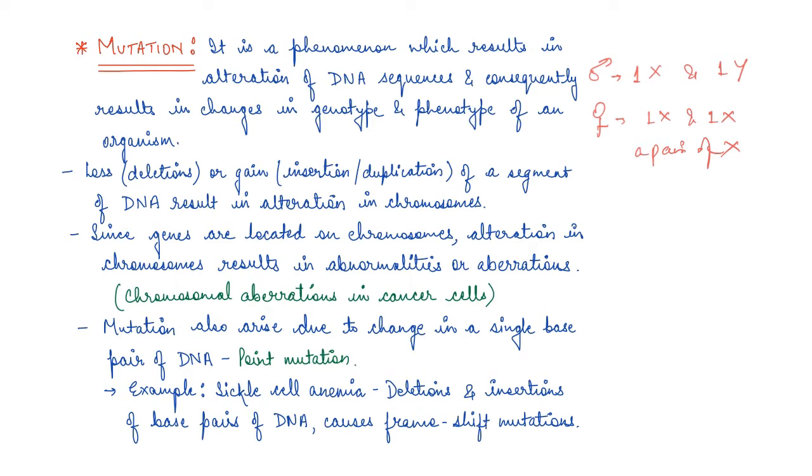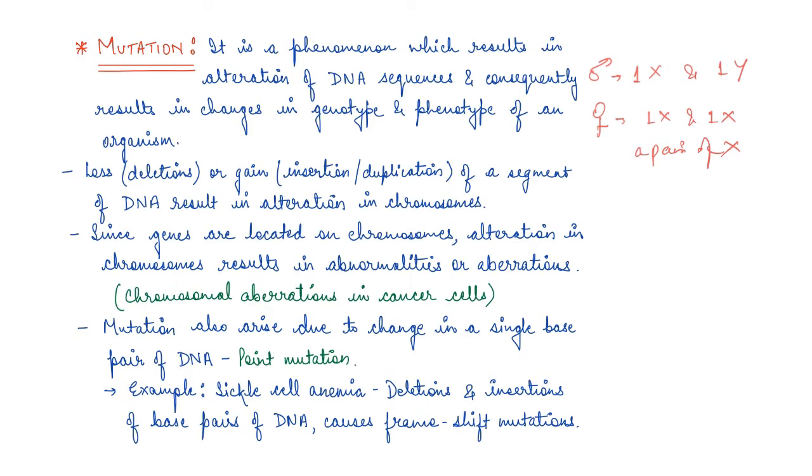And chromosomal aberrations occur in cancer cells as well, right? Now, mutation also arises due to change in a single base pair of DNA. If there is a mutation in a single base pair of DNA, it is known as point mutation.